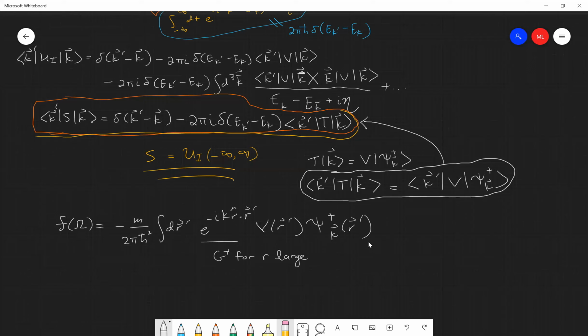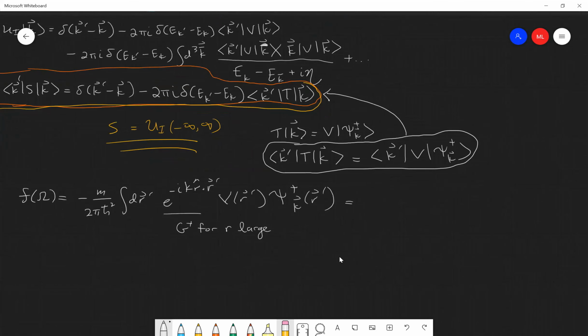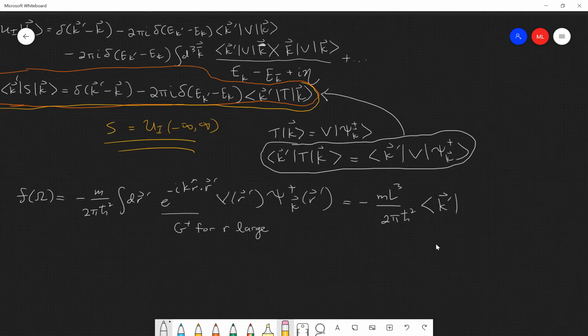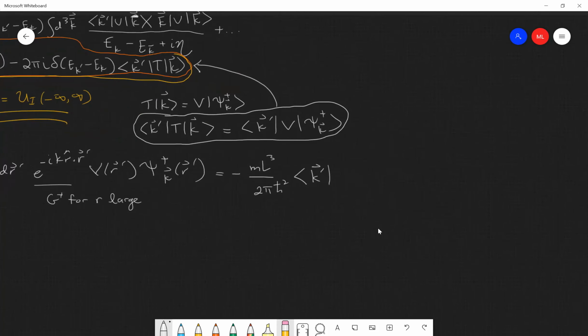So this was the scattering amplitude, but this is nothing but, if you use box normalized wave functions for momentum, then the other way we can write this is m L cubed over 2 pi h bar squared. And now we can write this integral as just a matrix element between these states. And again, this is assuming that the wave functions are normalized as 1 over L to the 3/2. It allows us to write things this way.